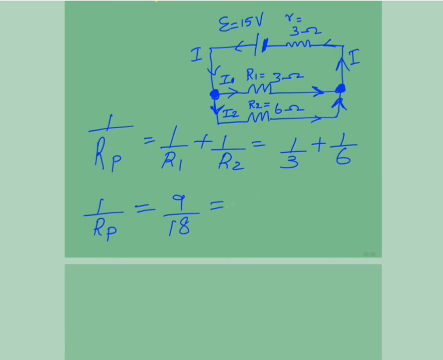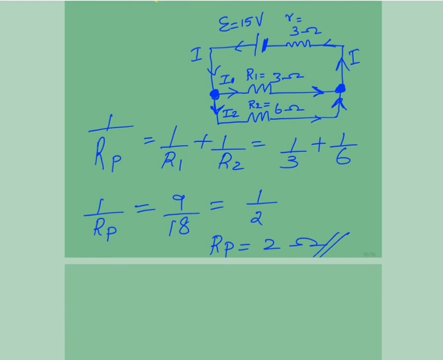Once you get 1 by Rp, you can find Rp by taking the reciprocal. Therefore Rp, the parallel combination, will be 2 ohm. That is the total resistance of R1 and R2.